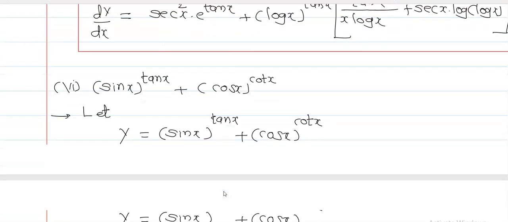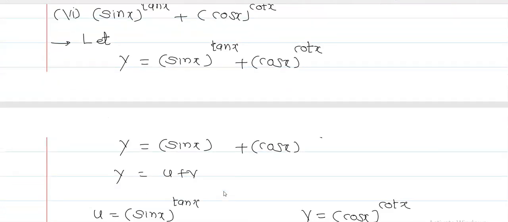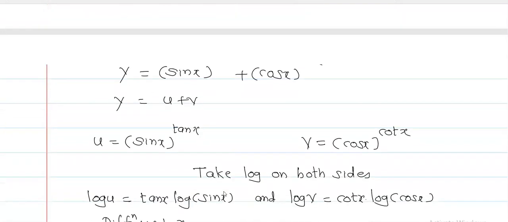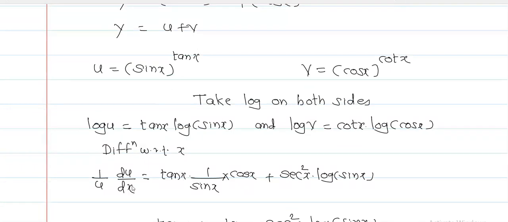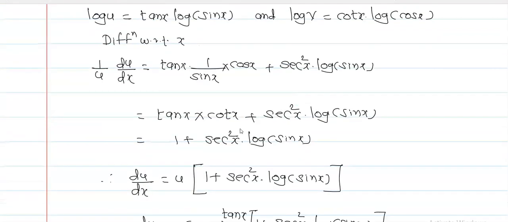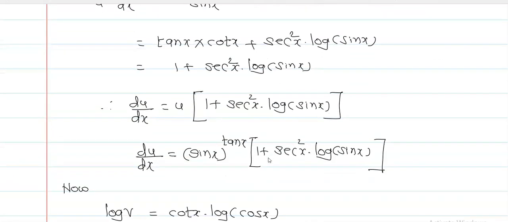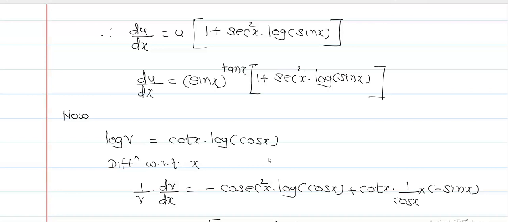This is the sixth one, its derivative. U is equal to sin x raised to tan x, V is equal to cos x raised to cot x. 1 upon u du by dx, tan x into 1 upon sin x into cos x. The cos upon sin, that is cot x. This is the du by dx. Now what about here?